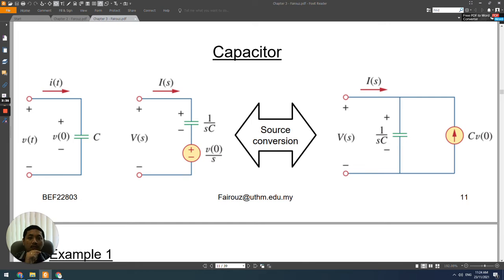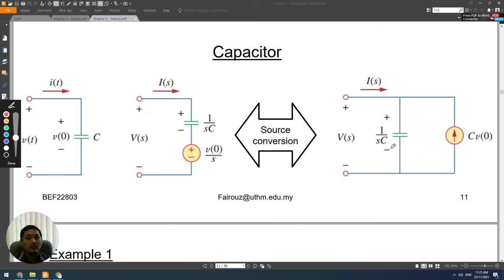If the initial condition is represented as a voltage source, then the value is V0 over S. In this example V is 5, so 5 over S. This is connected in series.